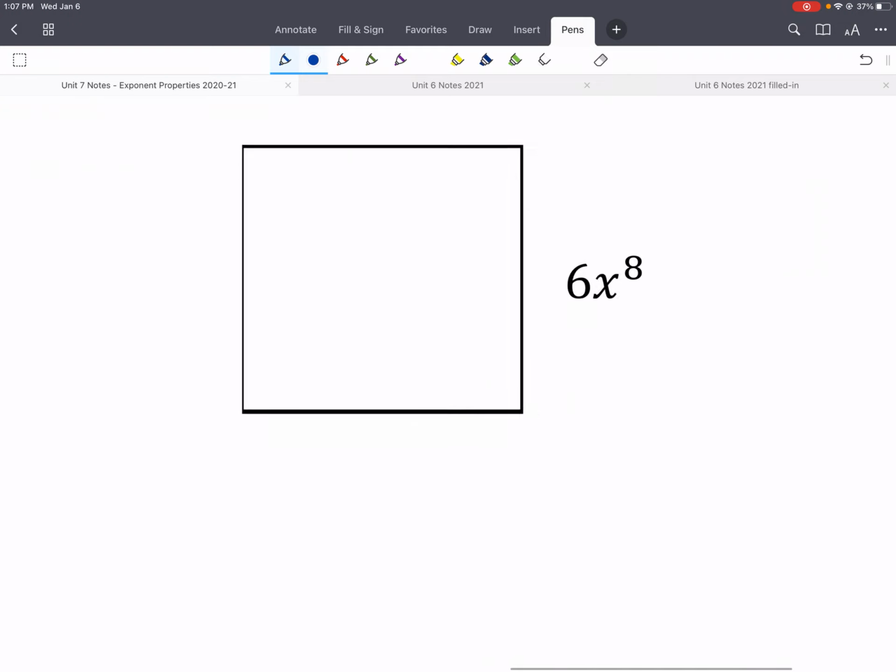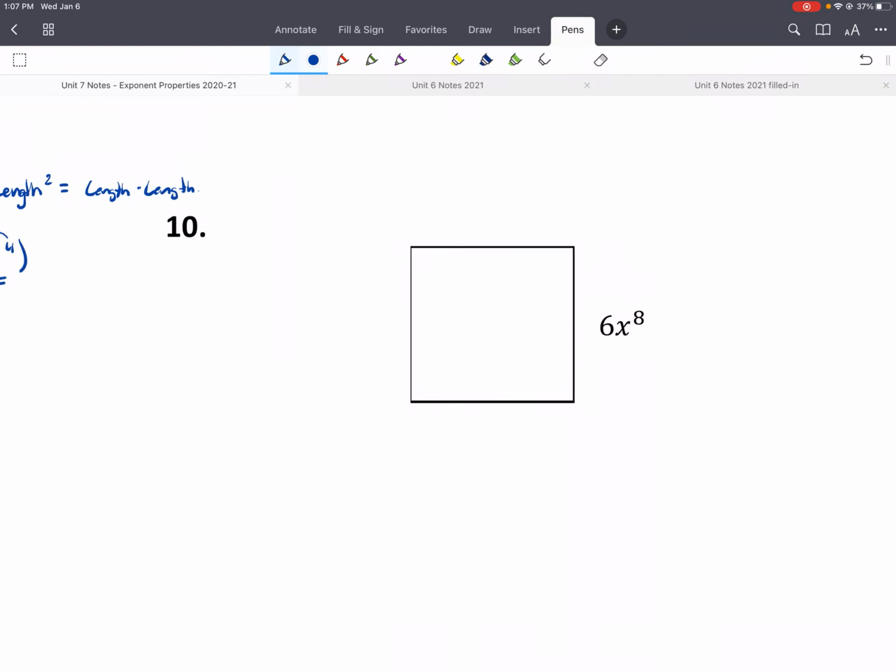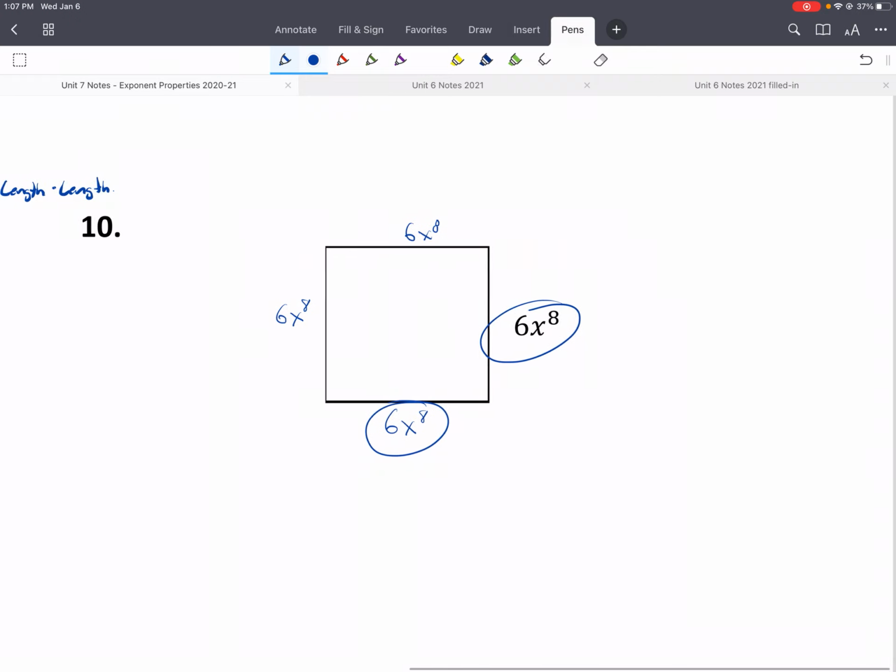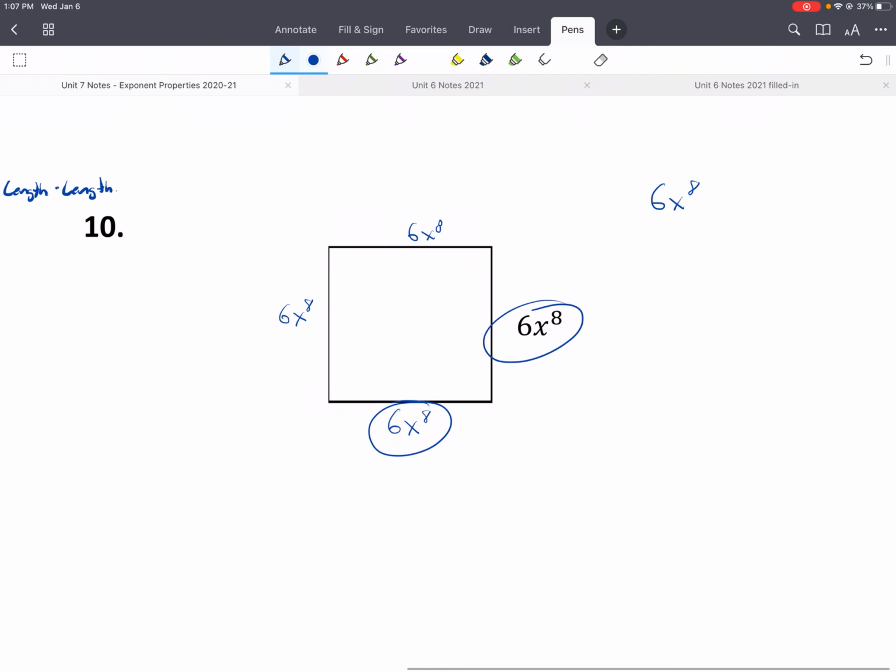Okay, so give this one a try if you would. It's also a square, which means that this side is also 6x to the 8th. This is also 6x to the 8th. Okay, if we want to find our area, we just do length times width. So 6x to the 8th squared.